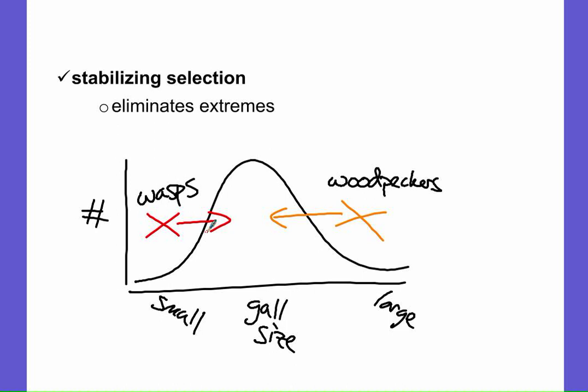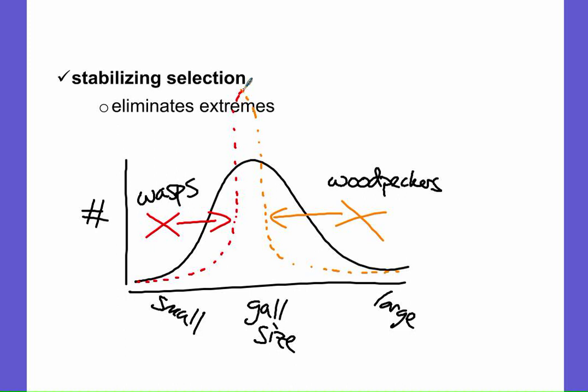And as a result, you see a different kind of selection, right? On this side, it's trying to push this way, but it can only go so far because you had the pressure from the woodpeckers on the other side. So what actually ends up happening is more and more individuals end up with that median trait, the middle-sized galls, right? So I have to make this curve skinnier and taller than it was before, right? I did kind of use two colors because there's two reasons for this, right?